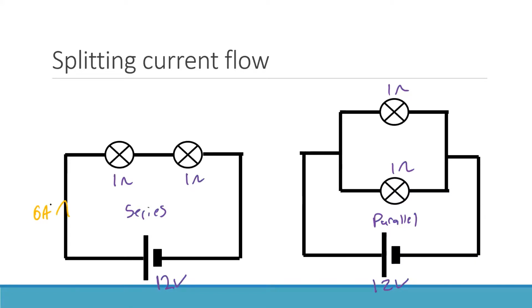Whereas the total resistance of this one is going to be 1 over 1 plus 1 over 1 equals 1 over 2. It's going to be 1 over RT. So therefore, the total resistance of this is actually going to be a half.